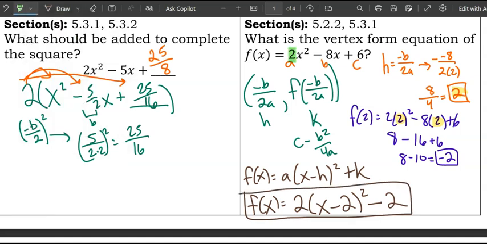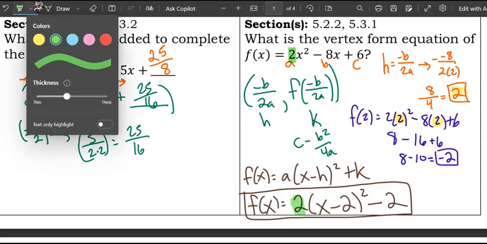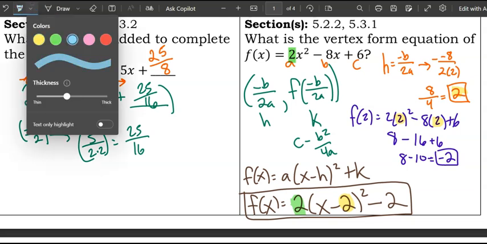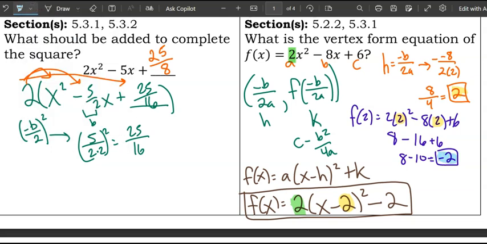Where this a is from right here, we have the h right here, but it has a negative sign, so you change the sign. And then the k is this minus 2 right here.